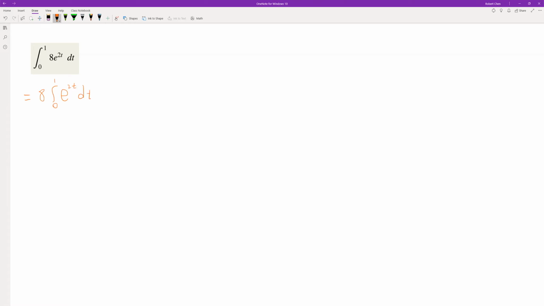Now, to integrate e to the 2t, the formula that we're going to use is this: the integral of e to the at is 1 over a times e to the at plus c. This is the rule we talked about in the last section, 6.2.